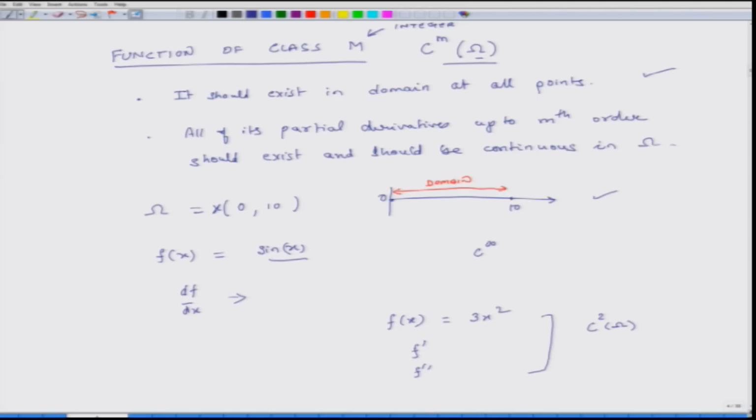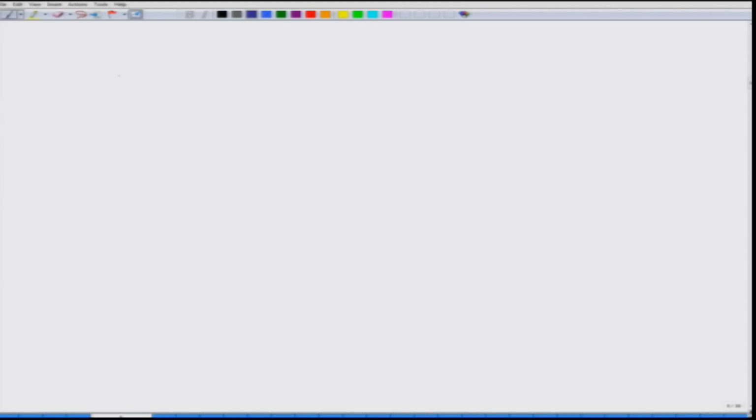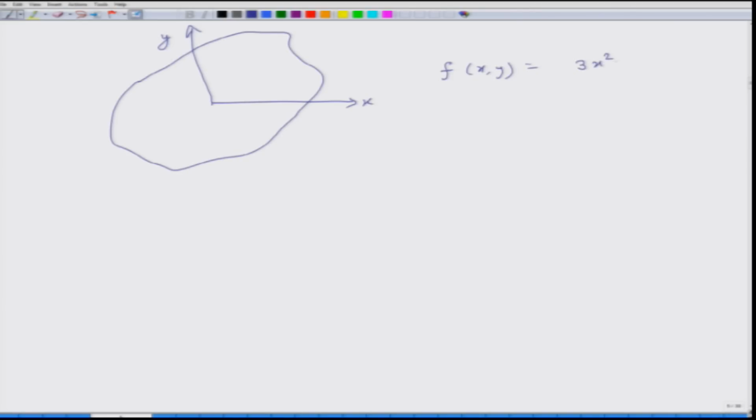Okay. Understood? Now, if you have a 2D domain, let us say you have some complicated shape, and there is a function f of x and y equals 3x^2 y^3.